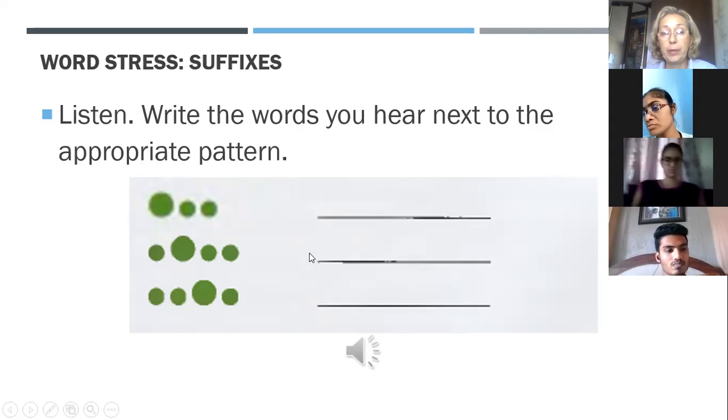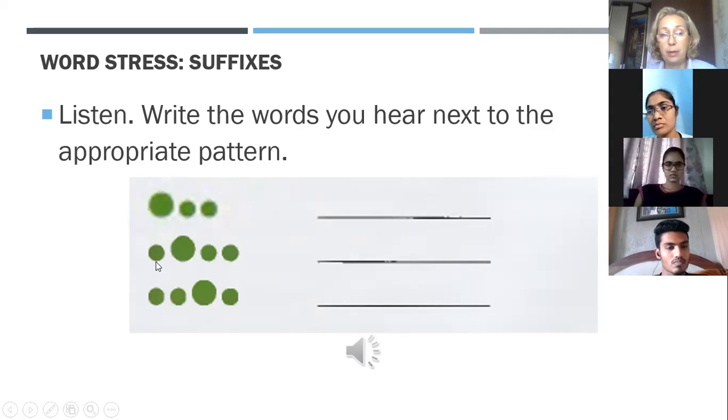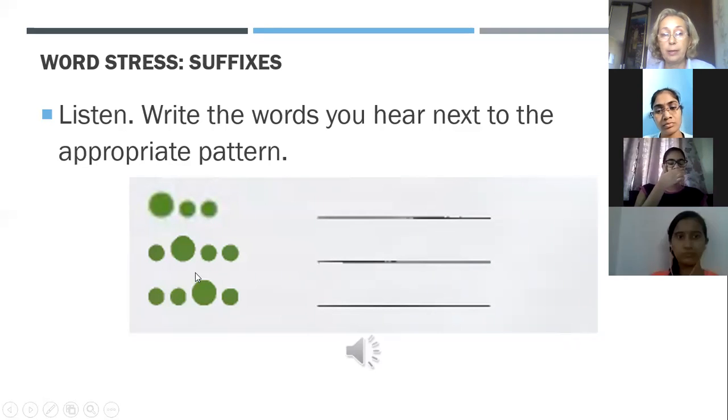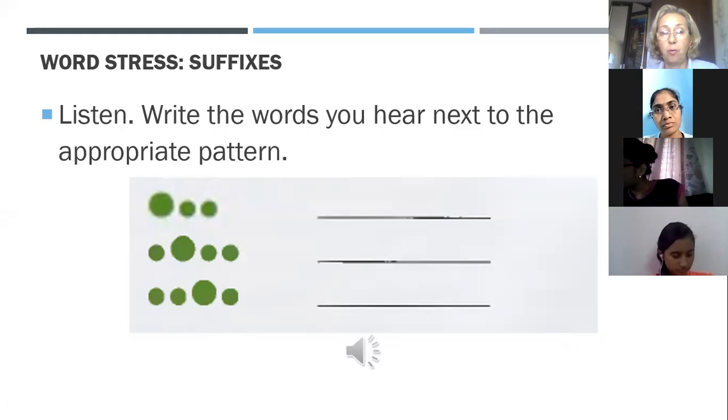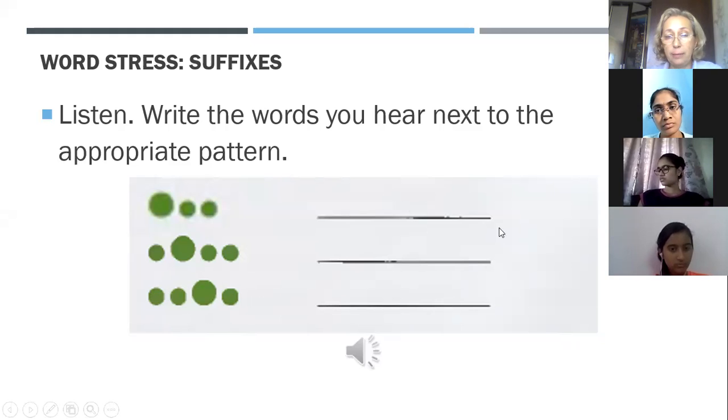In the second diagram, there is a word of 4 syllables, and the second syllable is stressed. In the last diagram, the third syllable is stressed. Prepare paper, and while listening to the recording several times, write the words in 3 lines, and then we'll check, okay?